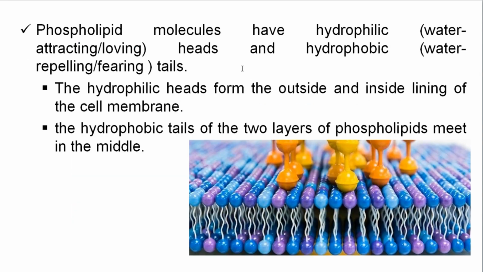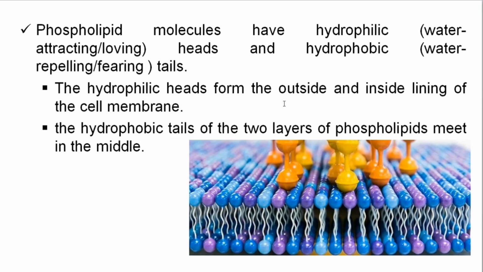Phospholipid molecules have hydrophilic and hydrophobic parts. Phospholipid molecules have hydrophilic heads and hydrophobic tails. The hydrophilic heads are known as water attracting or water loving parts, and the hydrophobic tails are called water repelling or water fearing parts.